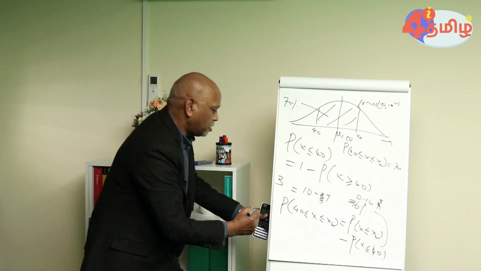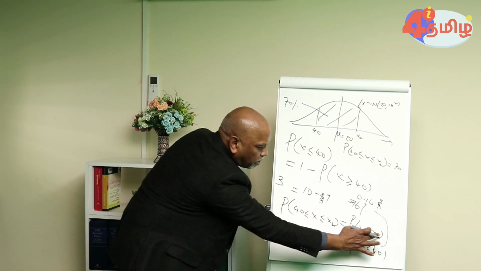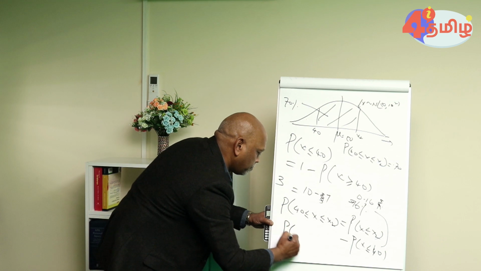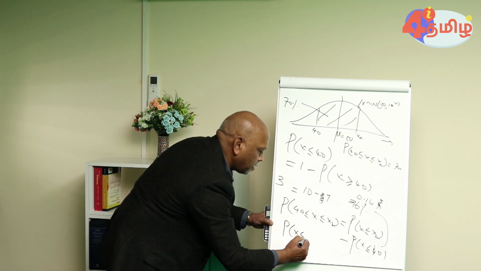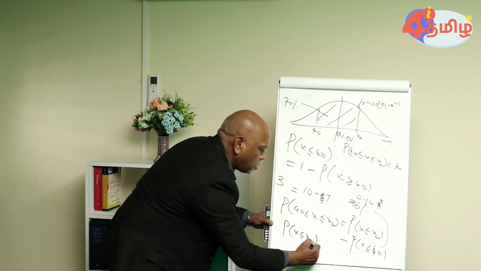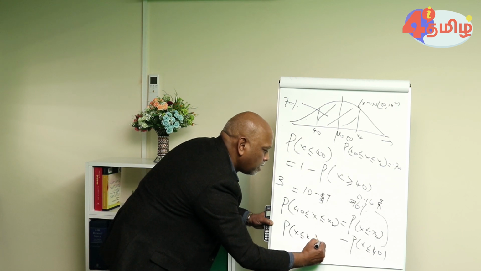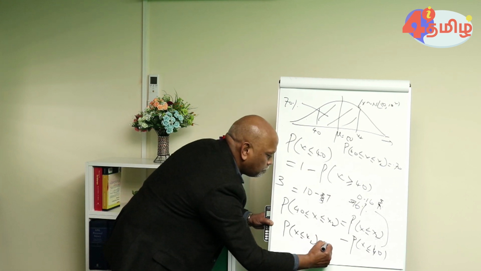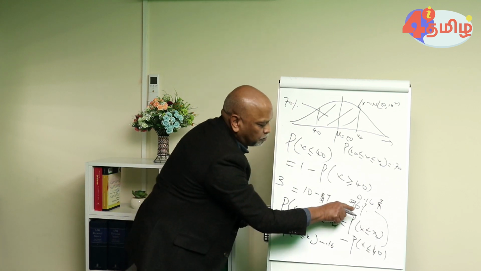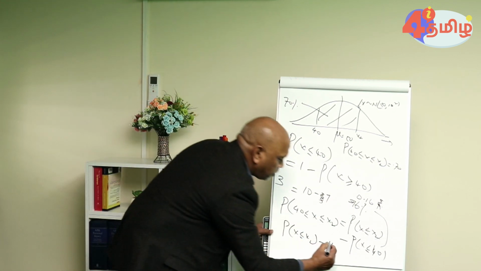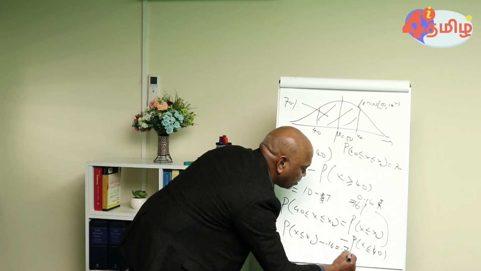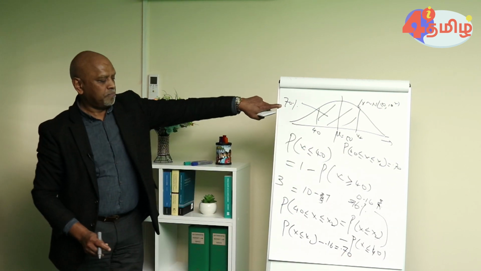Having done that, P(x less than or equal to x2) minus 0.16, which we have found, altogether equals 0.70, isn't it? Because that's the area.